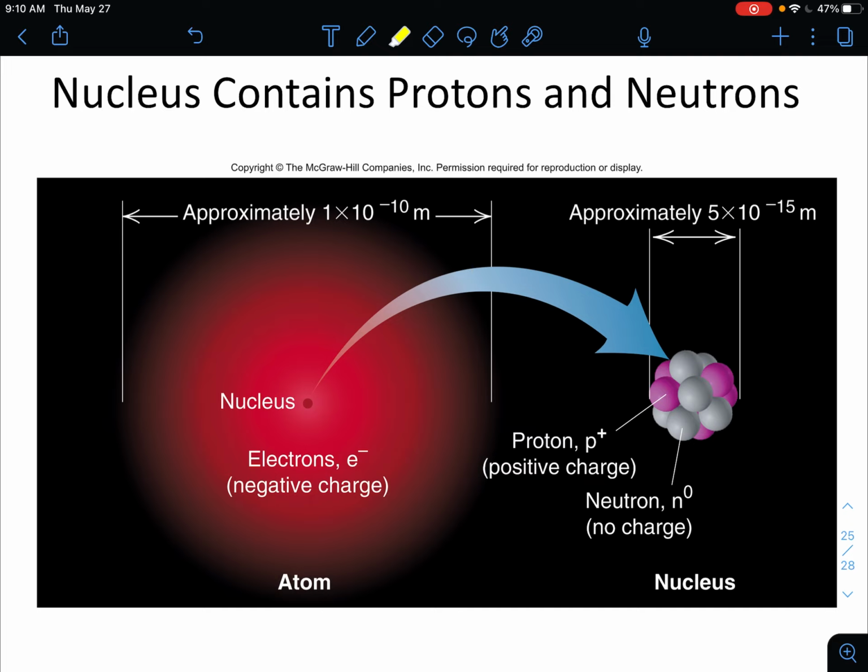Then we got to Thomson with his plum pudding model, and now here we are with Rutherford. You can see the nucleus in the center, the concentration of positive charge, and then all of these electrons circulating around that positively charged nucleus in various fixed orbits.